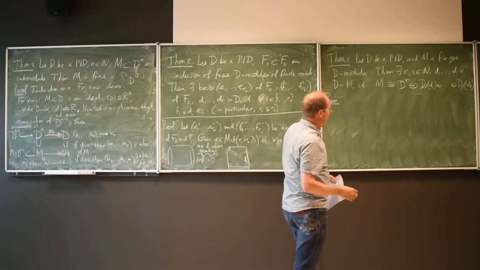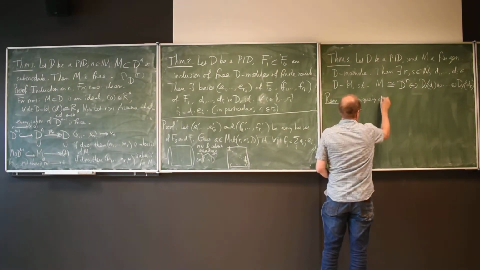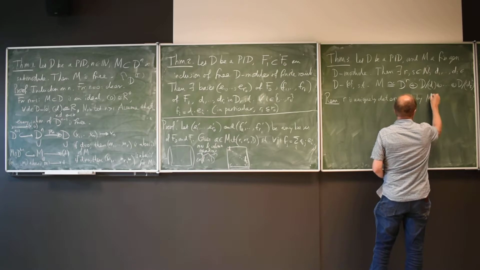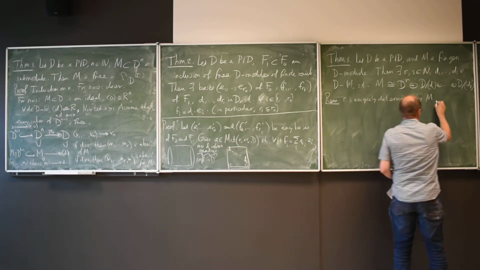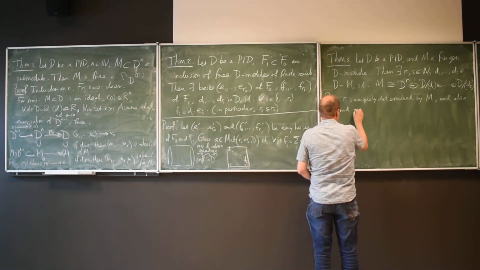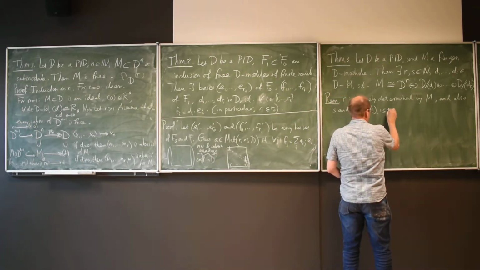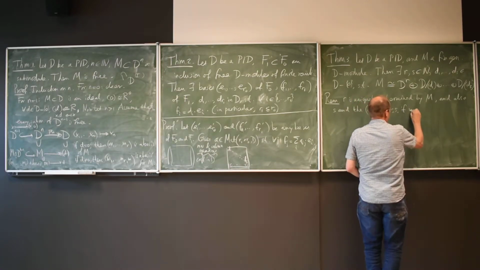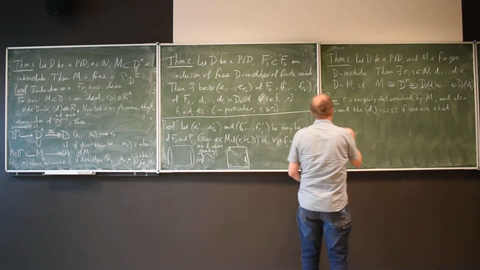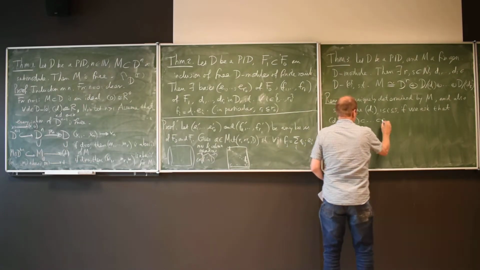R is uniquely determined by M, and also S and the ideals generated by these things, if you ask that D1 is contained in D2, is contained, and so on, is contained in DS.